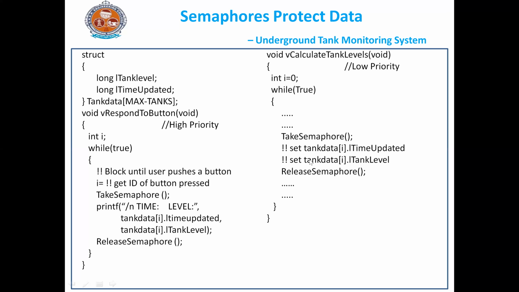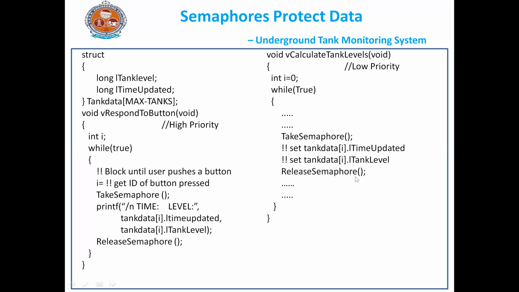Then the control comes back to the calculate tank level task. This statement has already been executed, that is, time has already been updated to T2. Now the other one, the tank level, will also be updated to L2, and then it will release the semaphore.